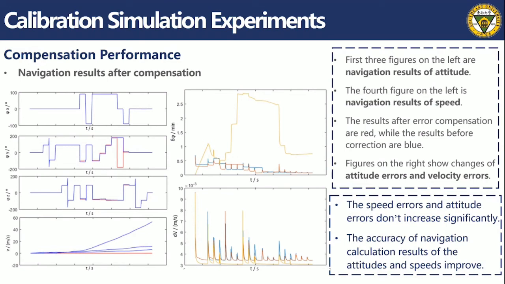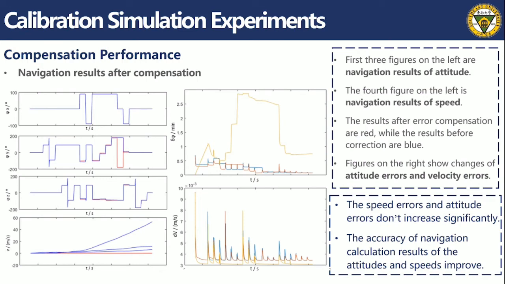Inertial sensor errors calibrated by systematic calibration method is used to compensate inertial sensor measurement data and optimize inertial navigation accuracy. Navigation results after compensation are shown in the figure. The first three figures on the left are navigation results of altitudes, and the fourth one is navigation results of speeds.